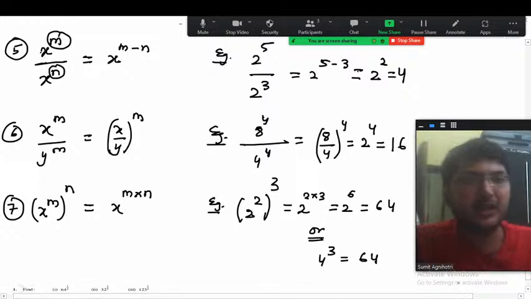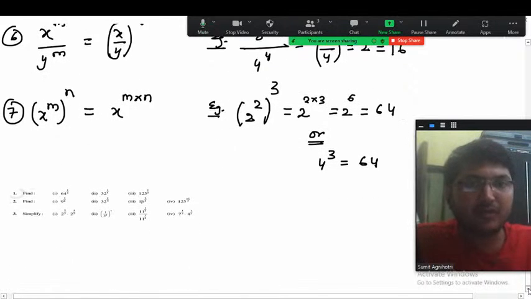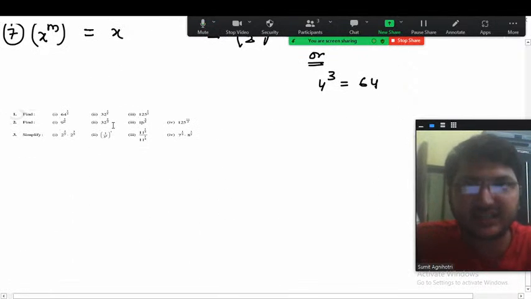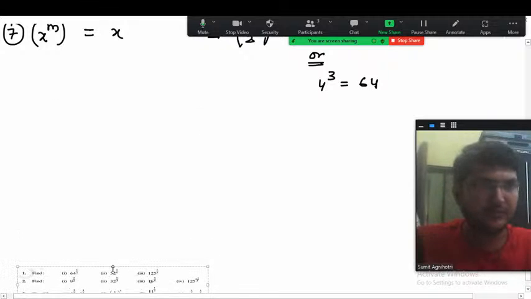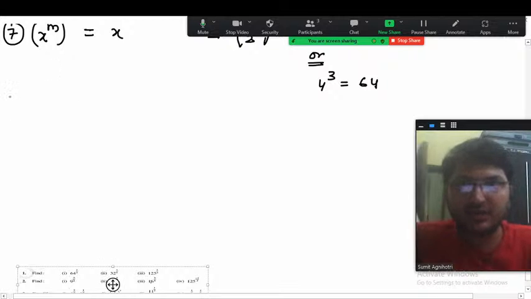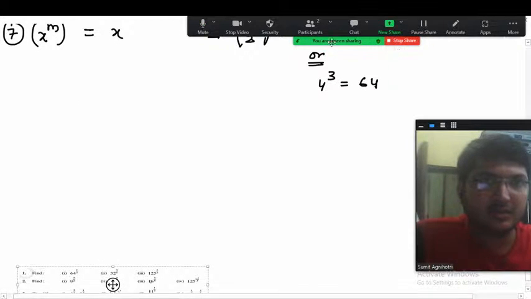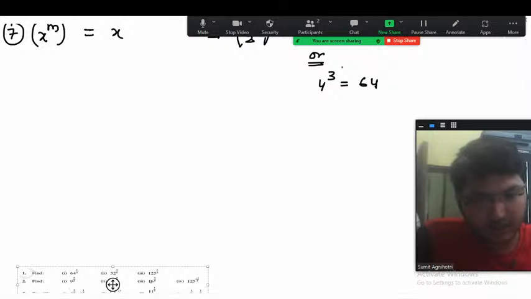All right. Similarly, we have some exponents that are not in integral form. So far, I have considered those exponents which are actually integers.